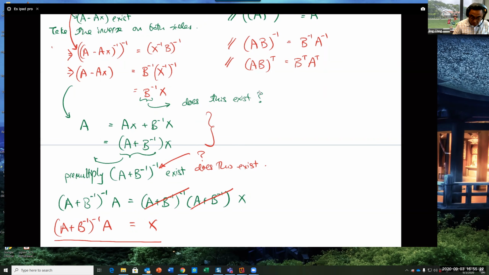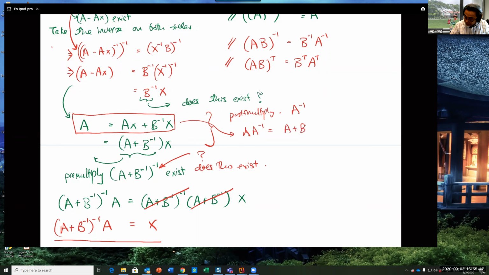We are going to post multiply this equation by A minus 1. We'll get A times A minus 1 on the left. On the right, we'll get A plus B minus 1 times X times A minus 1.